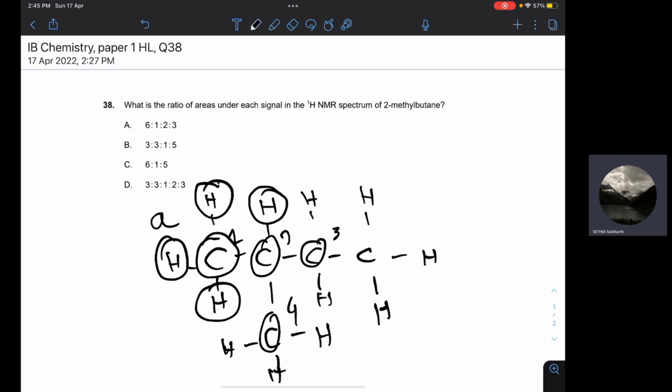So this hydrogen over here is going to be in environment number B, because it is in a totally different environment than these 3 hydrogens, because these 3 hydrogens are attached to 1 carbon, and this 1 carbon is only attached to 1 other carbon. So again, it's not the same, right? This hydrogen over here is completely different, in a different environment.